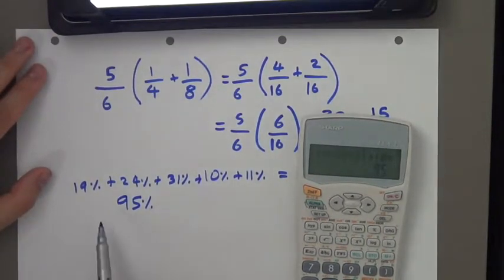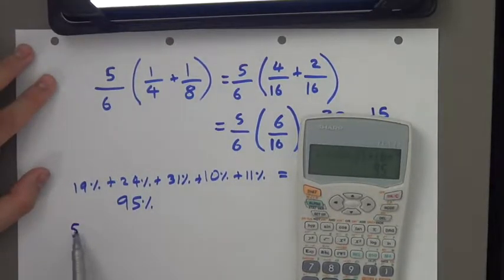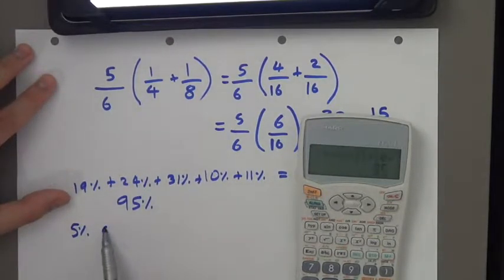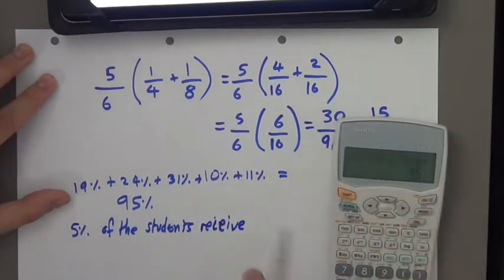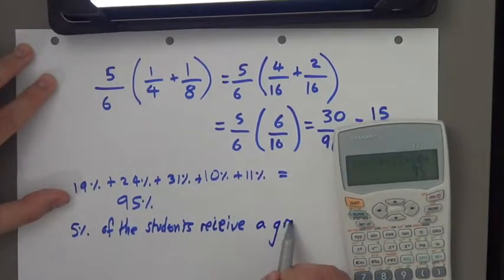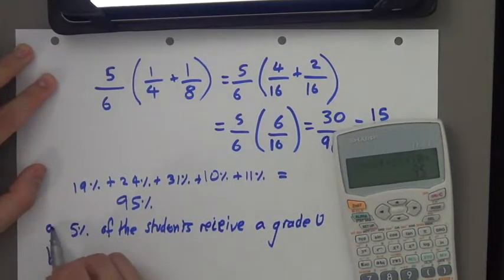Well, that leaves me with 5% left over. So 5% of the students received a grade U.